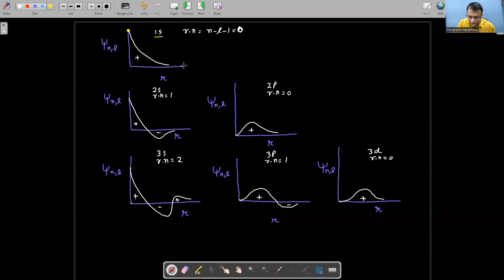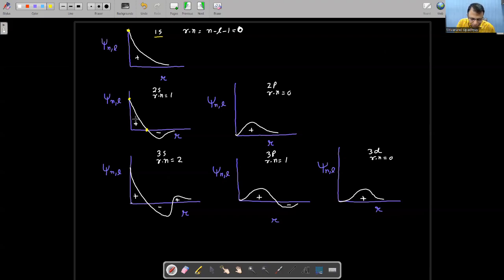In the same way we can determine for 2s and 2p. In the case of 2s, at the nucleus its value will be maximum. For the number of radial nodes, n is equal to 2 and l is equal to 0, so 2 minus 1 is equal to 1. So the number of radial nodes will be 1. Here is the position of the radial node. Here it is positive, then it is negative.